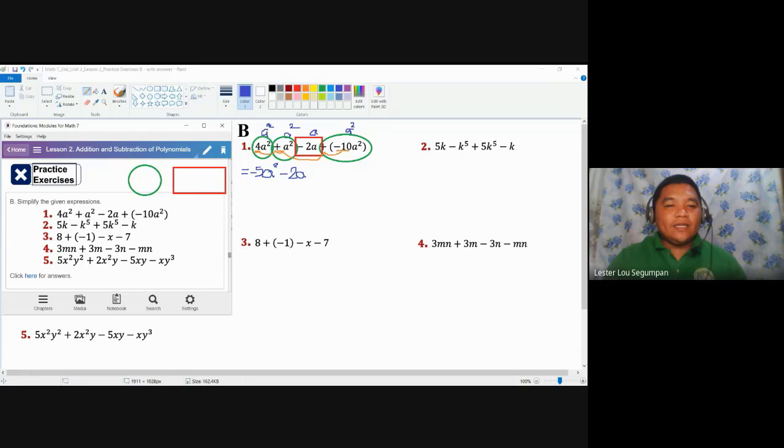However, there is a good question here. Can we or can we not combine the two remaining terms? The answer is actually no. Take a look at the literal coefficient of the first term. The literal coefficient of the first term is a squared. The literal coefficient of the second term is a.